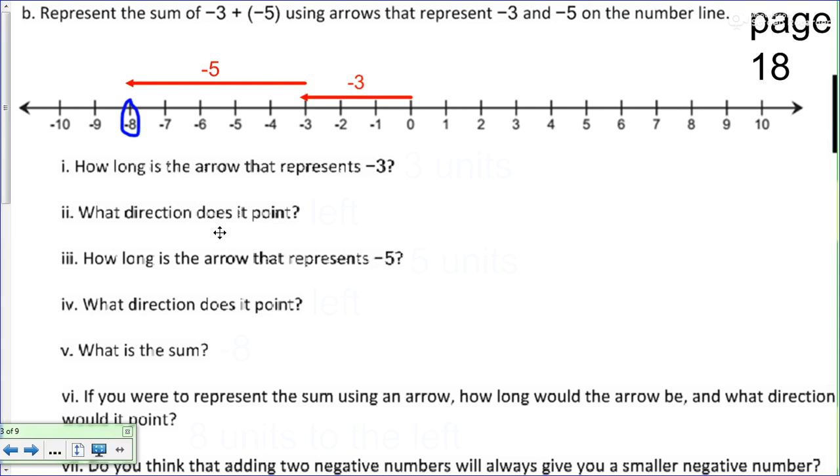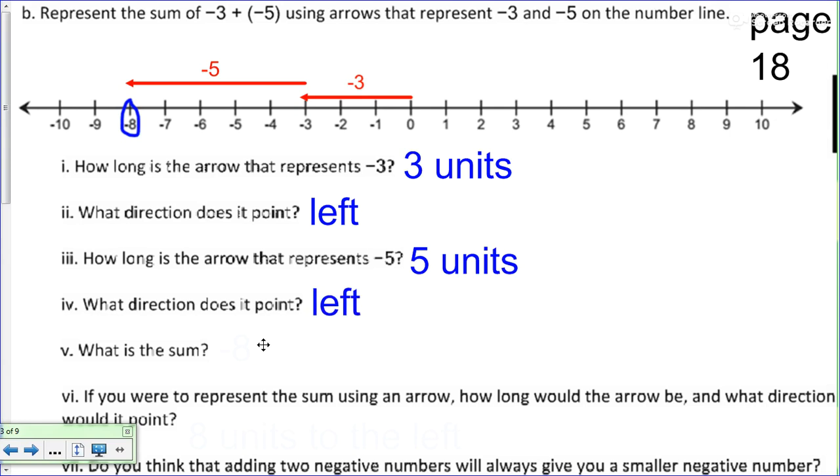They start on page 18, they go on to page 19. Okay. The arrow that represents the -3, 3 units long, again the absolute value. The direction does it point? This time to the left, because it's a negative number. The arrow that represents the -5, 5 units long, because of absolute value, and this time it points to the left.